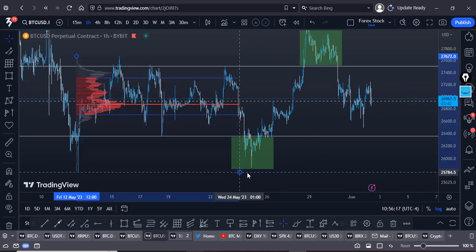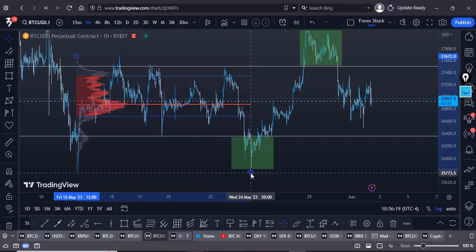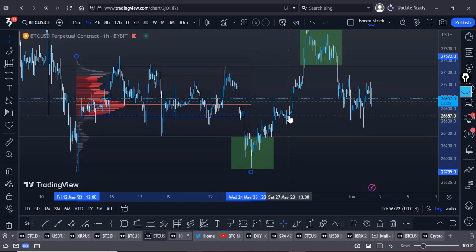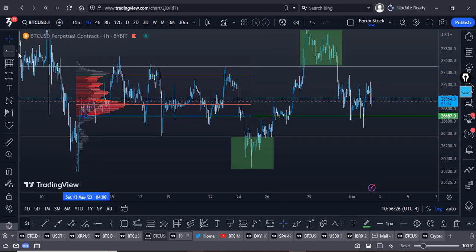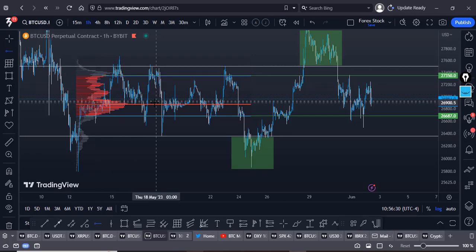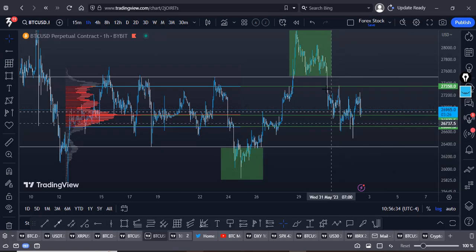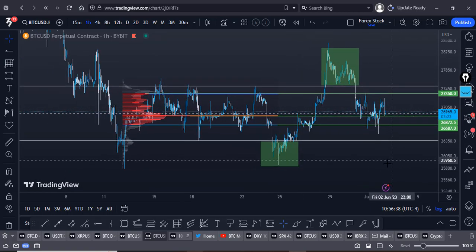So this indicates to me that we are still in the range-bound scenario. Let's mark the levels: value area low, value area high, and the POC. Respected exactly to the dollar.